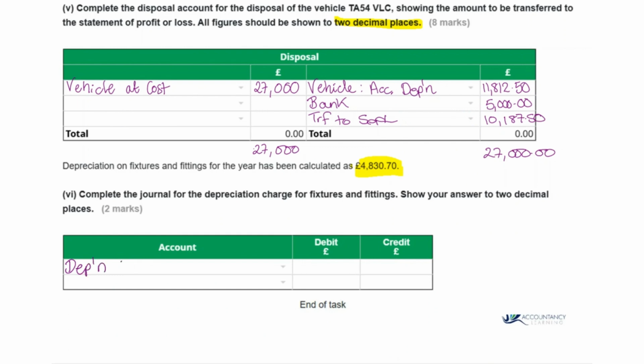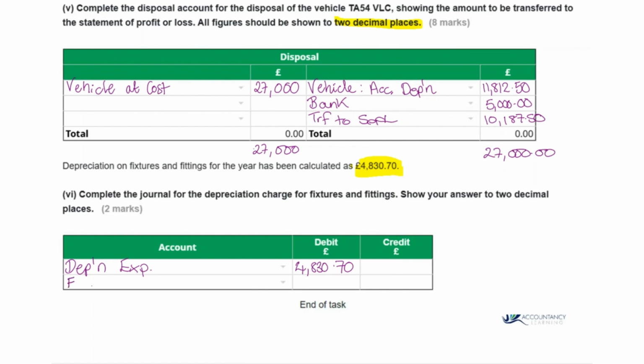An expense is a debit. So we can put in our 4,830.70 there. And the credit side of it will be the accumulated depreciation.